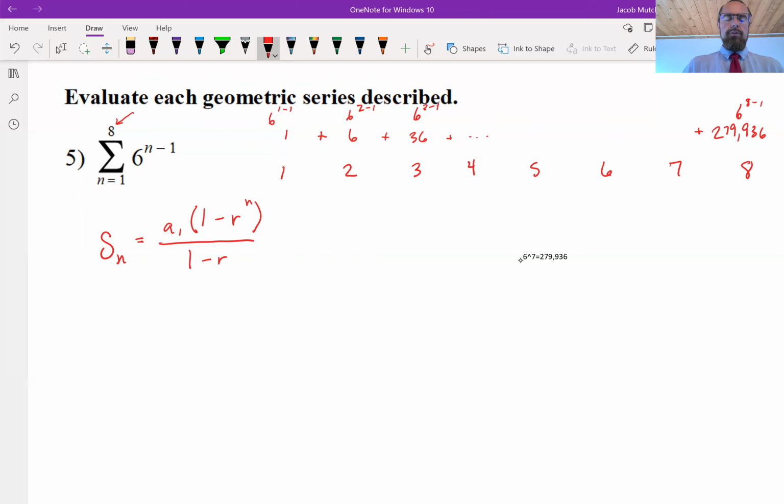All we need to do is fill in a sub 1, r, which is the common ratio, and then our n value, in this case, is 8. So we're calculating the first 8 term sum.